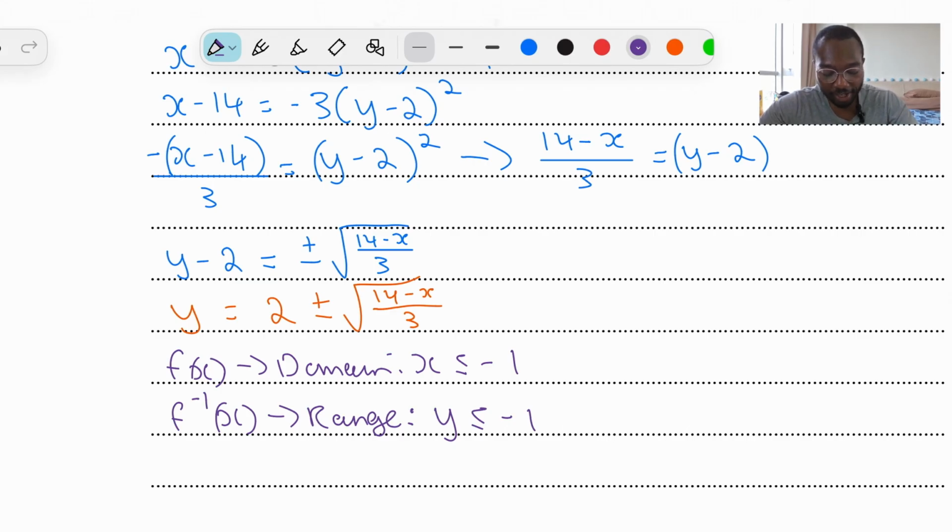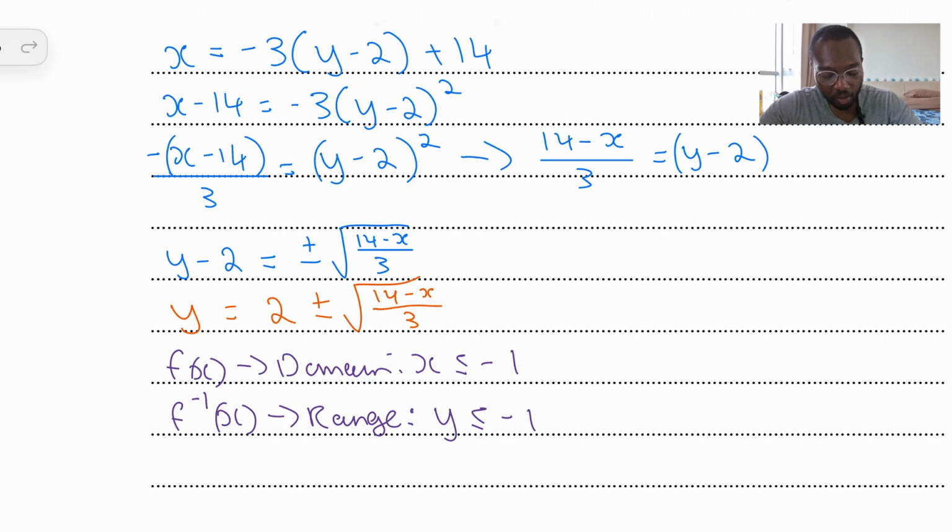So because we know that for the range, y has to be less than or equal to minus 1, if we look at ours here, we have 2 plus or minus the square root of (14 minus x) over 3. Now, if we have 2 plus the square root of (14 minus x) over 3, remember that the square root is always going to be a positive value. So if we have 2 plus the square root of something, that's always going to return a positive value. The only way we can get a negative value is if it's 2 minus, because we want y to be less than or equal to minus 1.